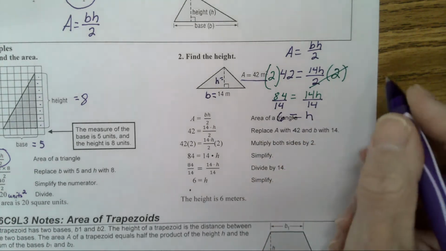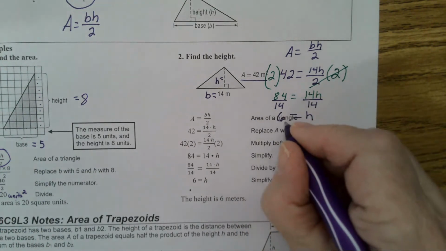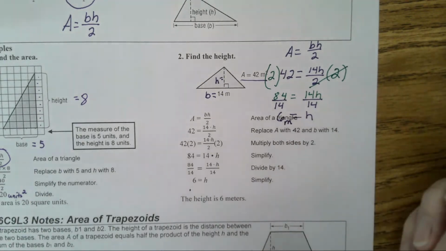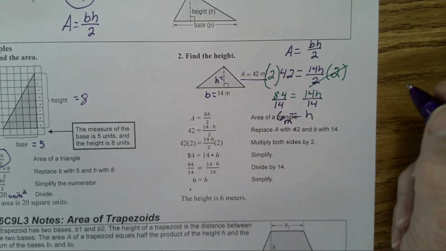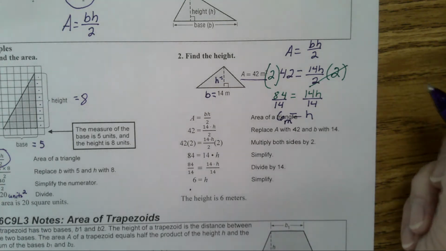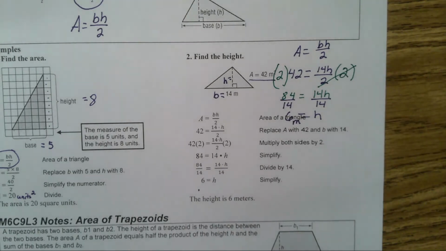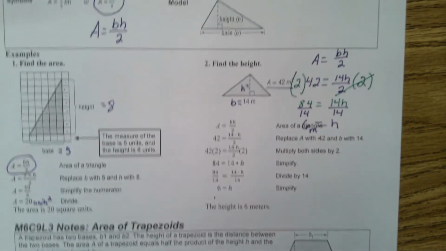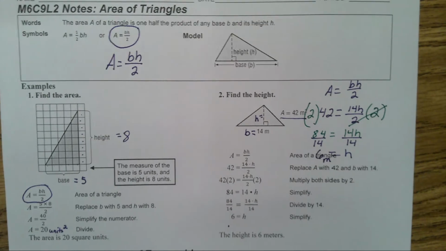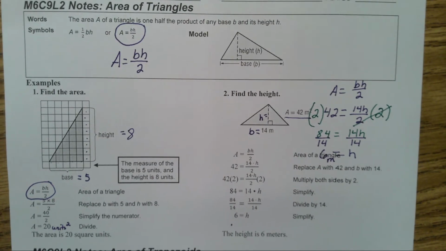And the answer is 6 meters. 6 meters. Any questions on that? You're going to do problems like that after a while. But you have this sheet to help you, okay? Any questions on triangles? Base times height divided by 2. It's a parallelogram divided by 2.